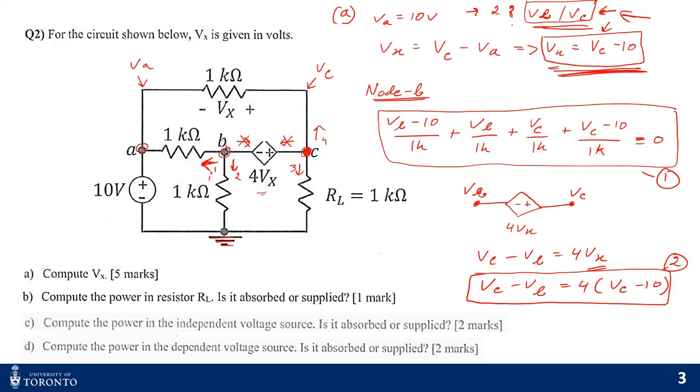By solving these equations, I find my VB to be minus 5 volts and VC to be 15 volts. And I know my VA, which is already 10 volts. Since I know all three node voltages, I can proceed to find the rest of the parts, B, C, and D.